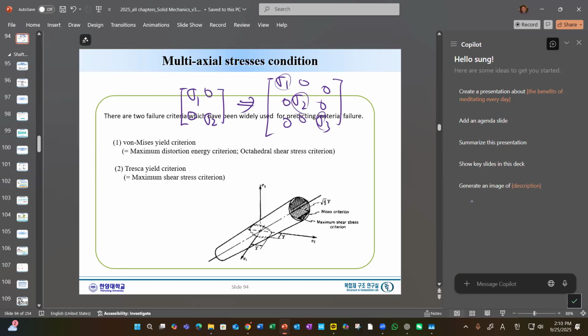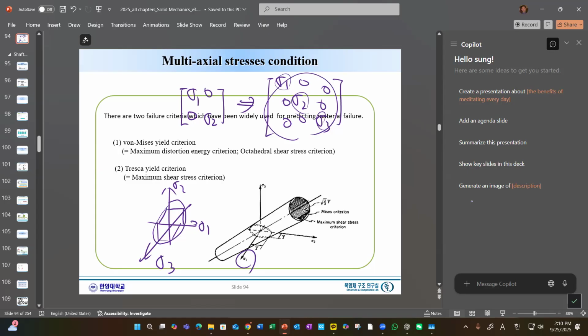Now with sigma 1 and sigma 2, you have a plot of sigma 1 minus sigma 2. You can see that Von Mises is like that and Tresca is like that. Now we can consider another axis, sigma 3, referring to that previous equation.